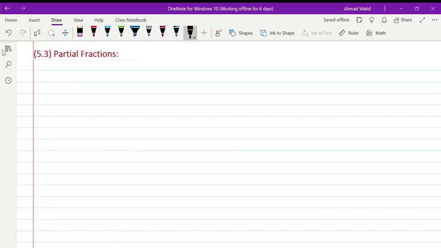Let's first learn the idea behind partial fractions decomposition.